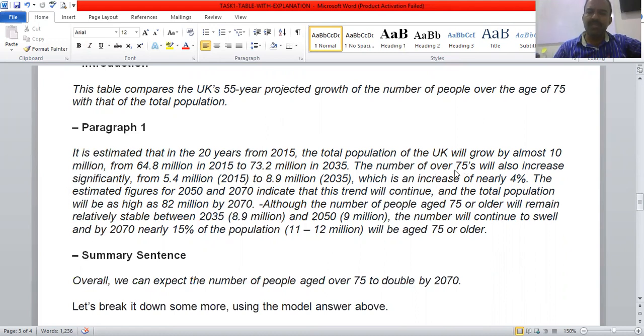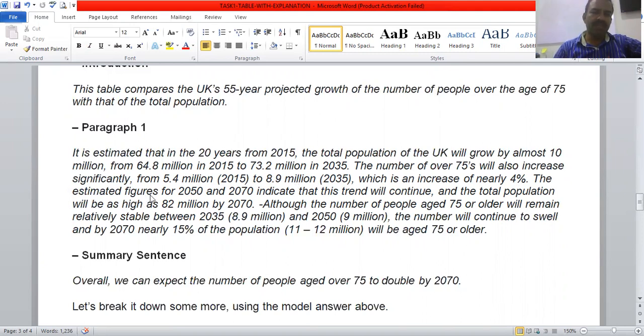The number of over 75s will also increase significantly. So this is the word significantly, from 5.4 million in 2015 to 8.9 million in 2035, which is an increase of nearly 4%. So from here, increase from 5.4 to 8.9.